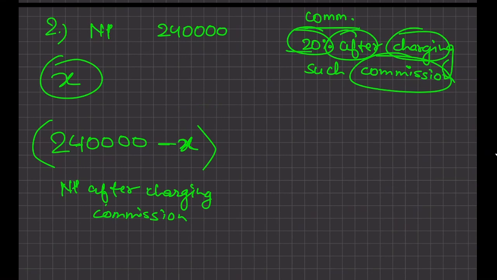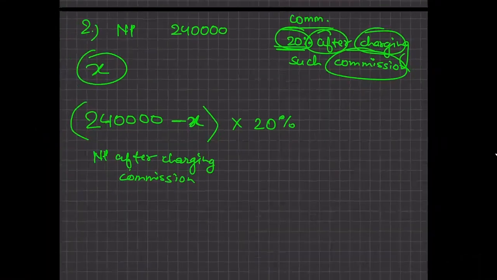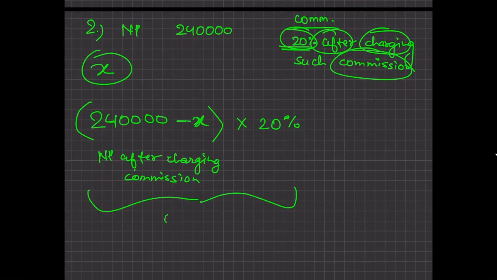X is the 20% of commission after charging such commission. So if I do 20% of it, can I get my commission? The answer is yes. So this is my commission amount. This is the equation of my commission.